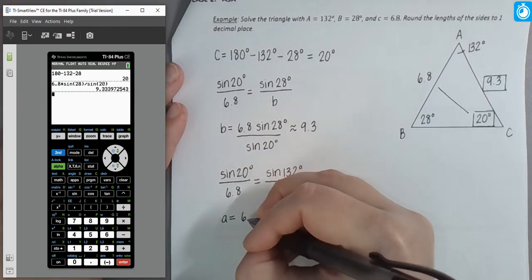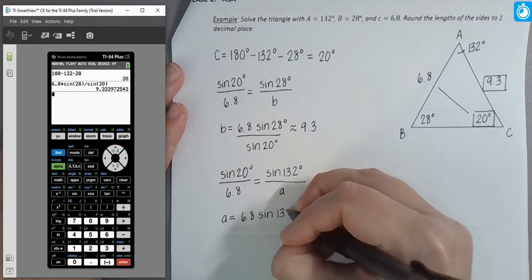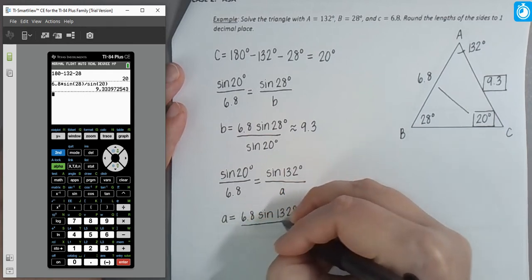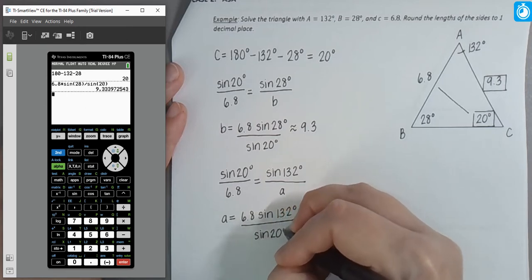So A is equal to 6.8 times the sine of 132 degrees divided by the sine of 20 degrees.